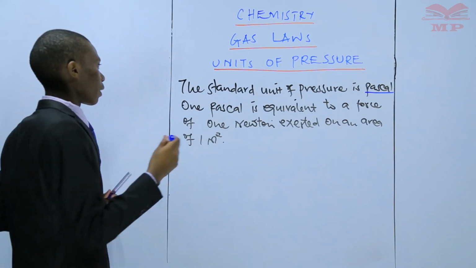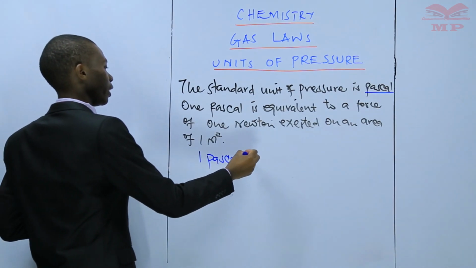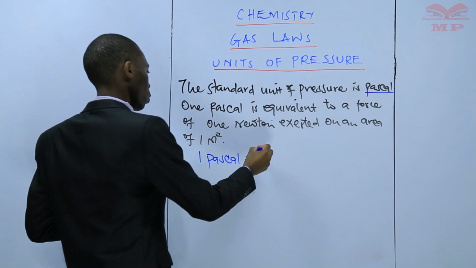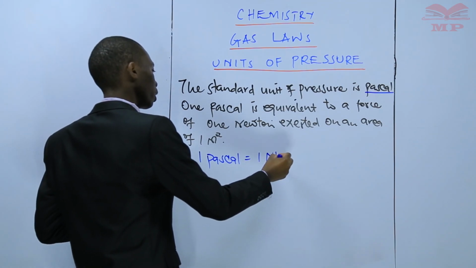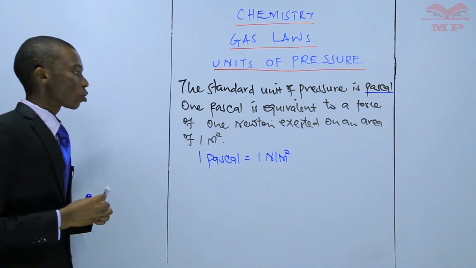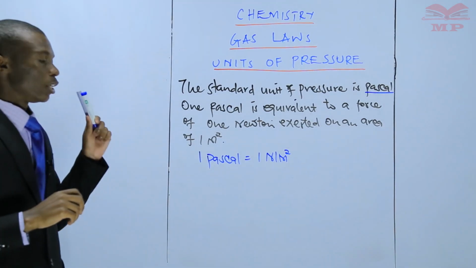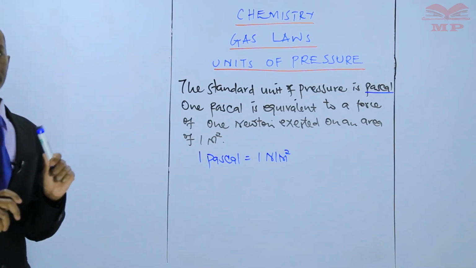Therefore, we can say that 1 Pascal is equivalent to 1 Newton per meter squared.